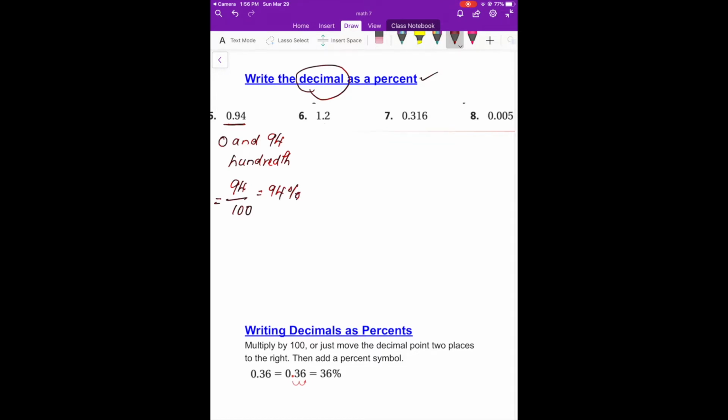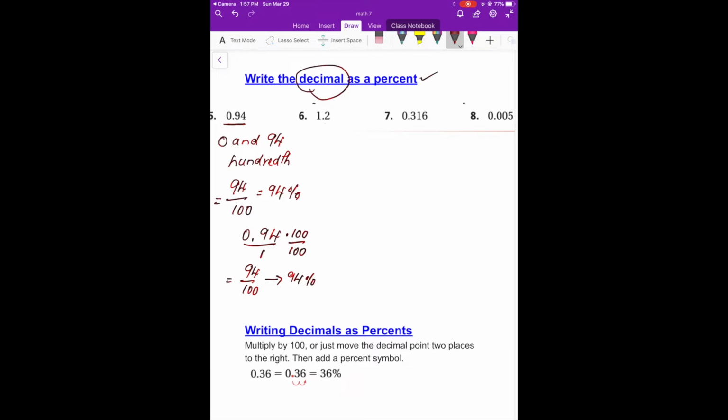So basically, if you have 0.94 and you are converting that into percent, you're looking for a 100 in the denominator. So you multiply by 100 over 100. So that's over 1. When you multiply 94 hundredths by 100, you move the decimal over twice to the right. So that will give you 94 over 100, which is going to be 94%.